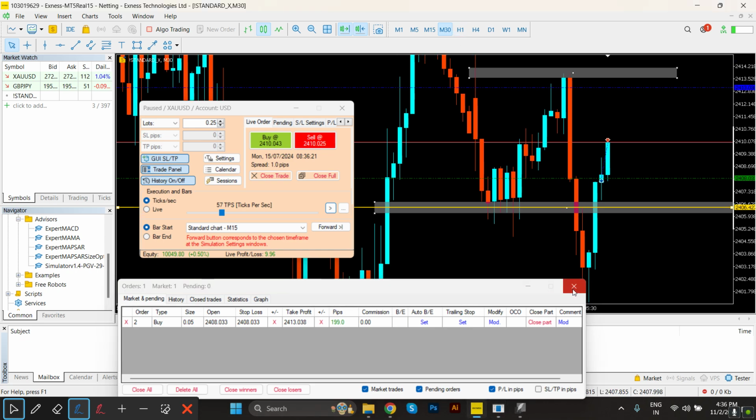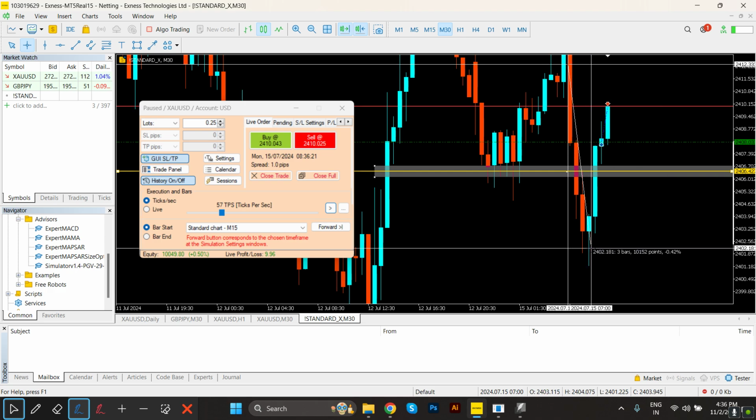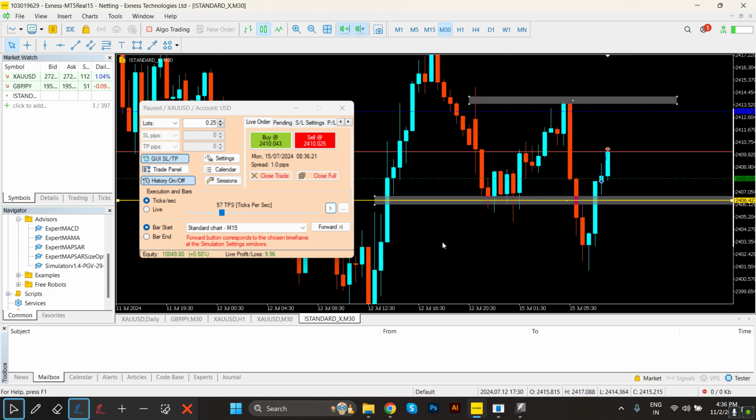Actually, this was a good buy, because whenever price creates a range like this, what gold does is, instead of making lower highs and lower lows, it comes back and might not create a lower low here, but since we have clear range to the left hand side, see this range, we have clean candles.